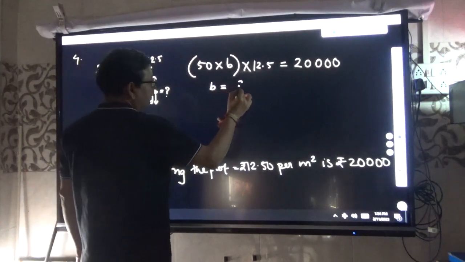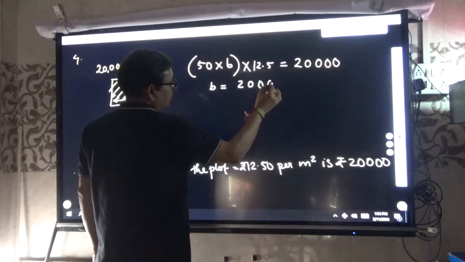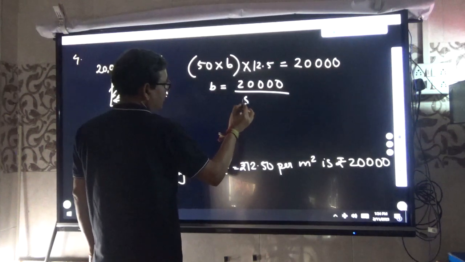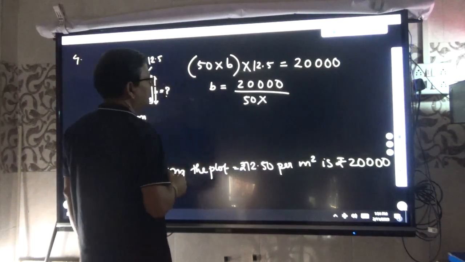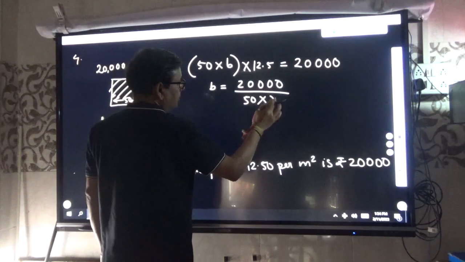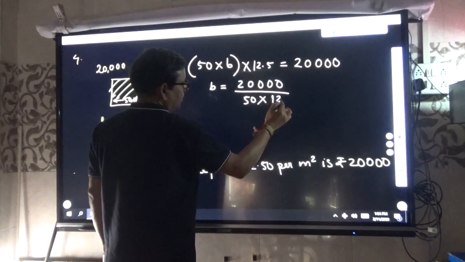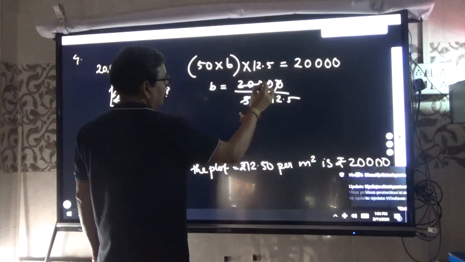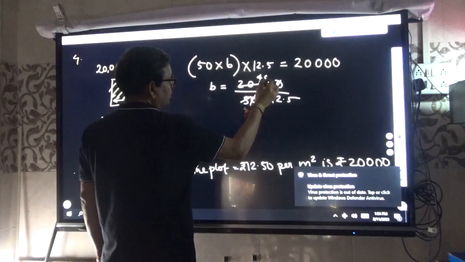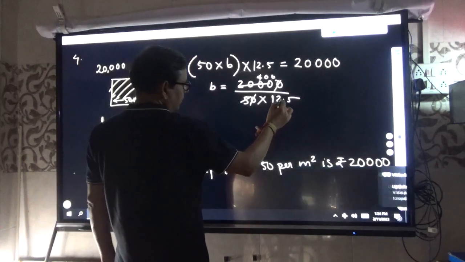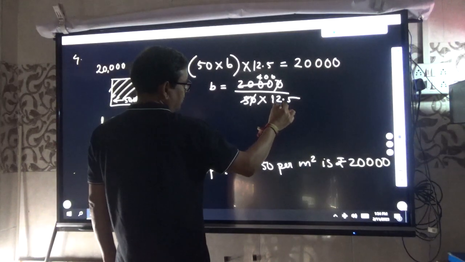On the right hand side you have 20,000 rupees. This 50 is multiplied here, so you can bring it here. It will get divided. Now 12.5 is also to divide. Correct? So it will remove this.